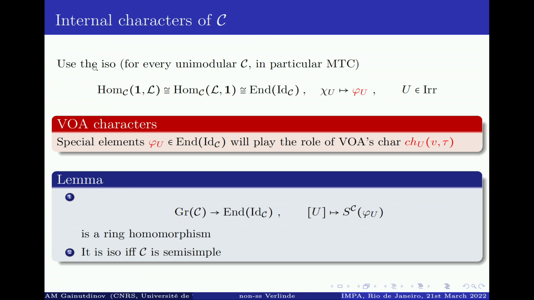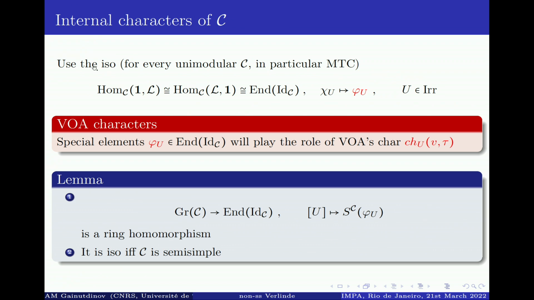So for every such internal character, I construct an element phi U, which is an endomorphism of the identity functor. So you should think about this as a certain central element. If your category is realized by a Hopf algebra, it's a certain central element. So they're special elements, and they play a special role. They will be the analog of usual characters of U(A). I will give you an explanation of what phi U is.